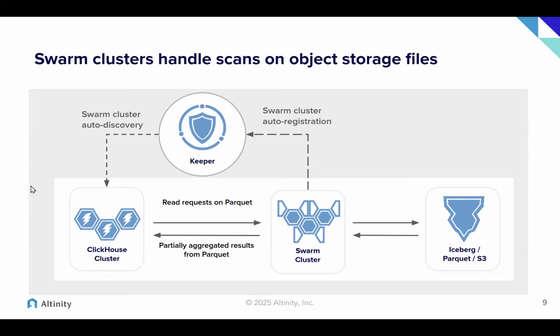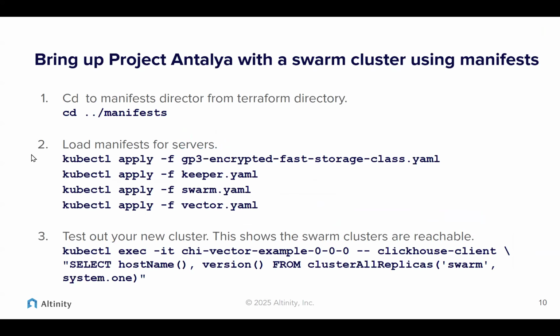Let's step in a little bit further and actually set one up. If you want to do this yourself and you've set up a ClickHouse cluster, this is what you do next. You go in and create a manifest directory, and you have 4 files that you need to run. These are adapted for Amazon, but in a few minutes you can change them to run on any other Kubernetes you like, including something like Minikube.